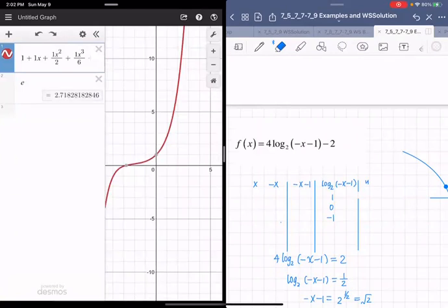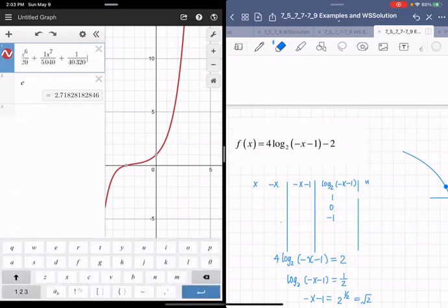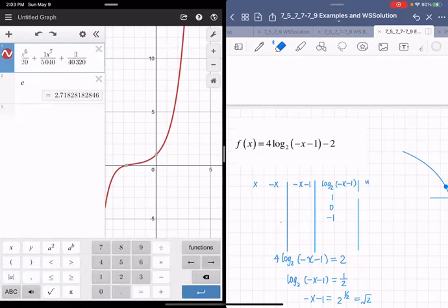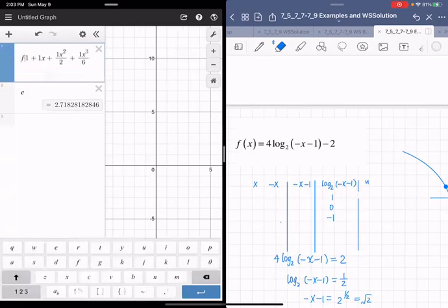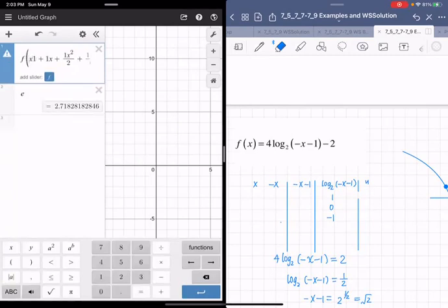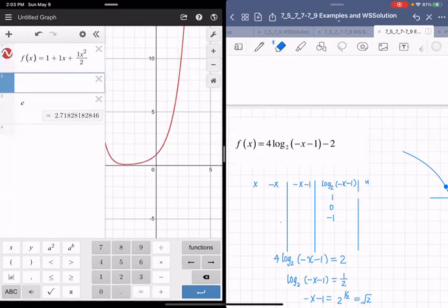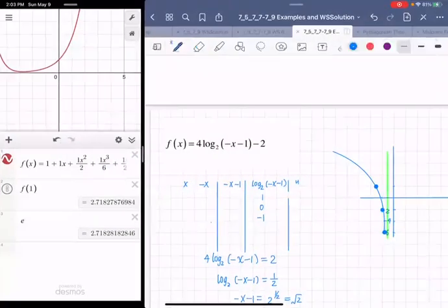If I call this f(x) equals this, and then I do f(1), you see, these two numbers are so close. So what's e? e is calculated by this.